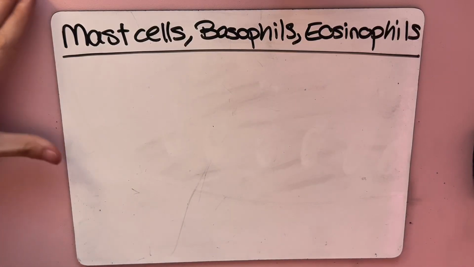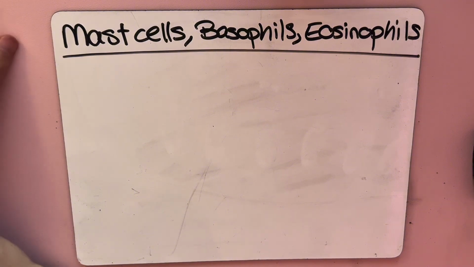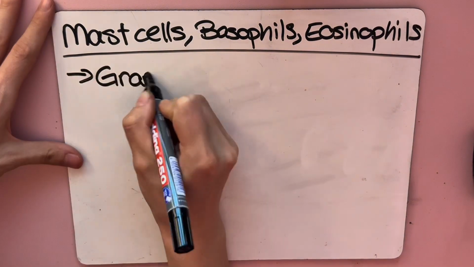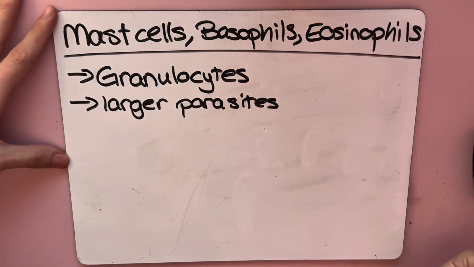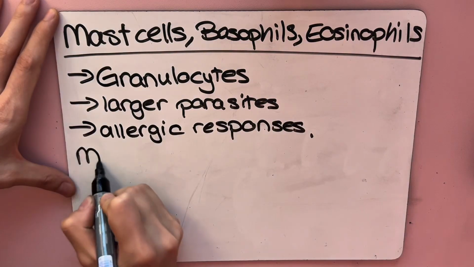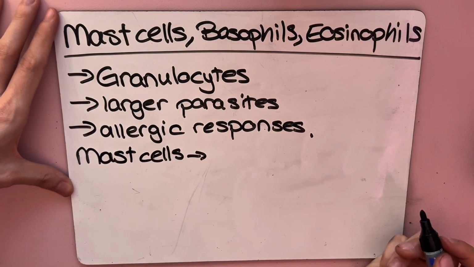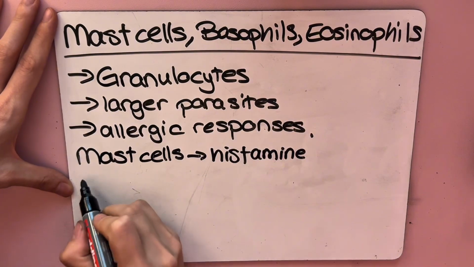Lastly, we will talk about mast cells, basophils, and eosinophils. These are other innate cells, often called granulocytes, that play supporting roles, especially in fighting larger parasites and in allergic responses. So we've learned that mast cells release histamine. Then there are basophils.